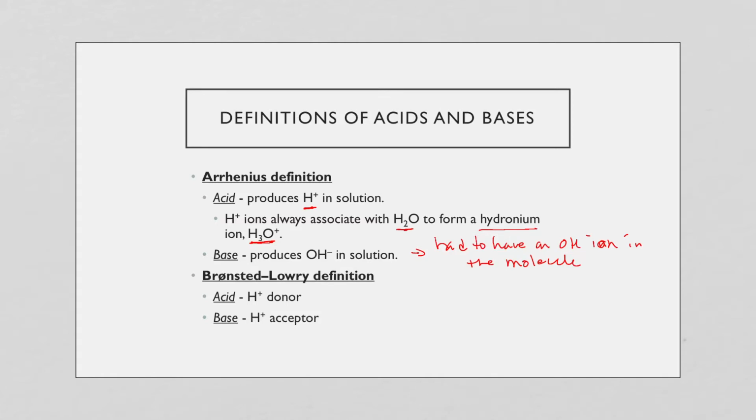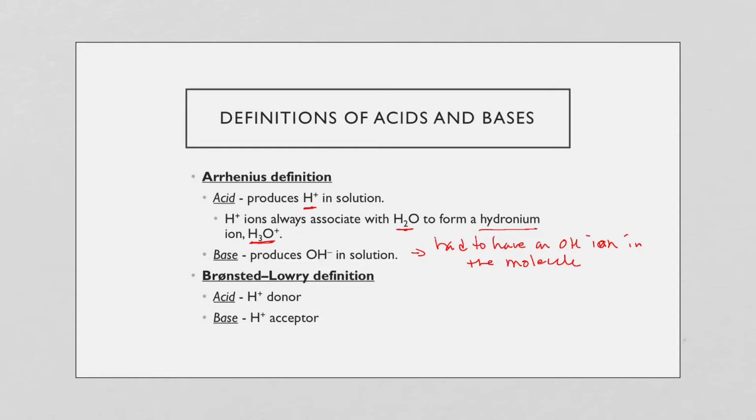So one of the issues that this definition system had is that it excluded a lot of the things that today we know do indeed function as bases, like bicarbonate bases and nitrogen bases. So it's one of the things that sort of led to the replacement of the Arrhenius system, at least in functional use. We still utilize this system for an understanding of what's happening in solution.